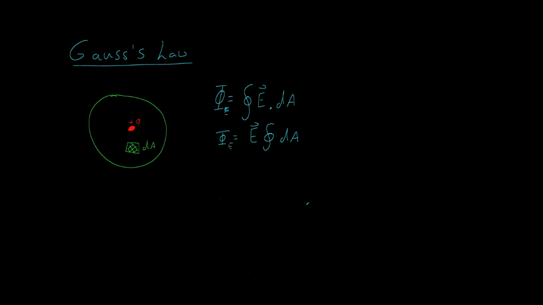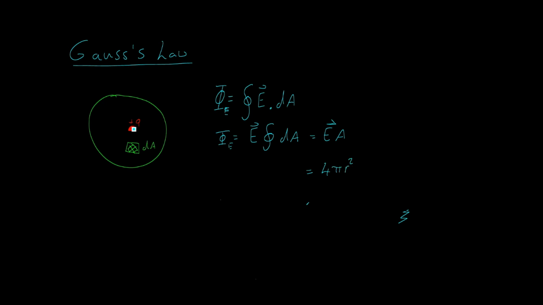Now, in this case, that's just going to give us E A. Okay, now the area of a sphere is 4 pi r squared, so we get 4 pi r squared.